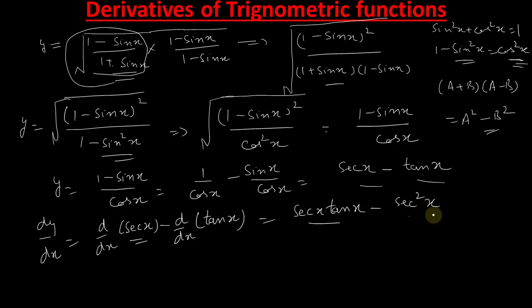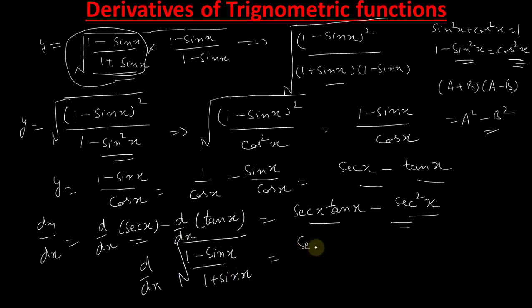So that is your answer, secant x tan x minus secant square x. So dy by dx of the square root of (1 minus sin x) upon (1 plus sin x) is secant x tan x minus secant square x. So that was an easy example.